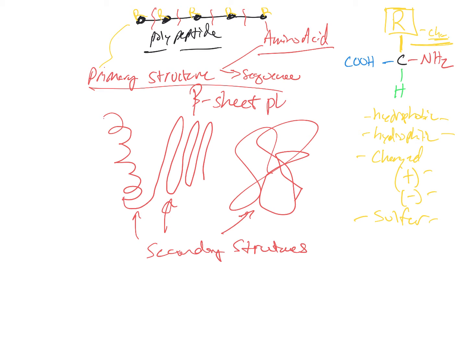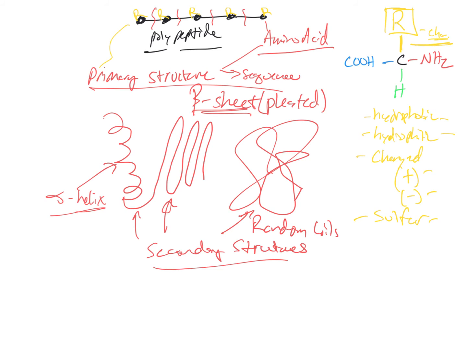Sometimes it's called pleated. Sometimes you might see that word. Here, this is called an alpha helix. So it looks kind of like what you would expect to see with DNA. And then this one is just sort of random coils that interact. So alpha helices and beta sheets are characteristic of the secondary structures for proteins.